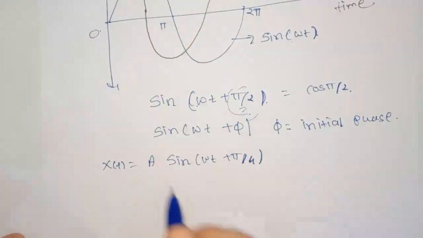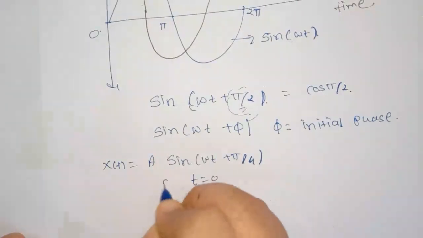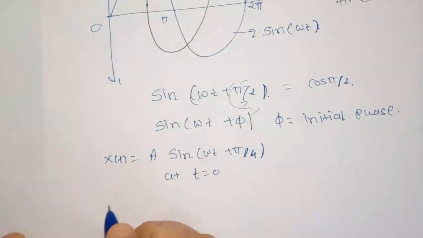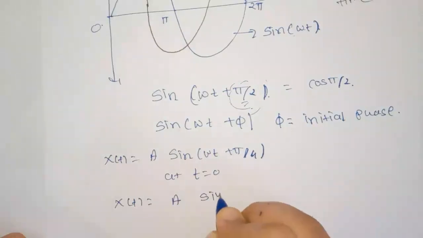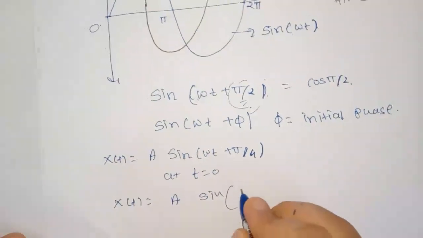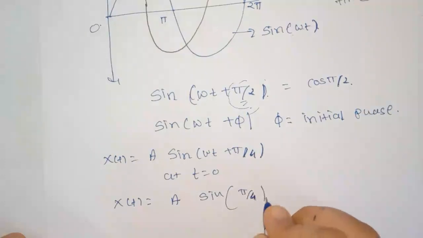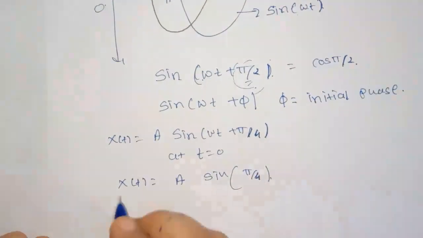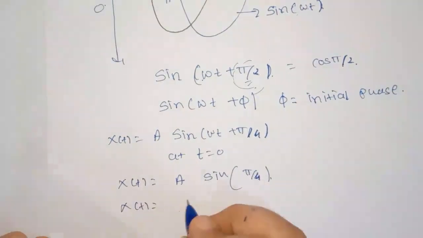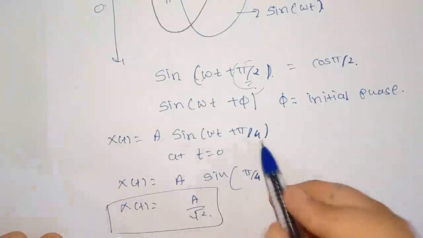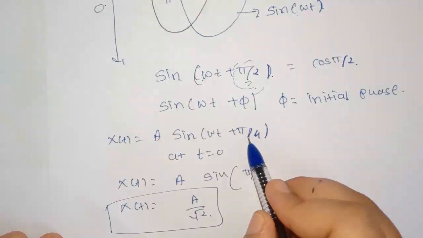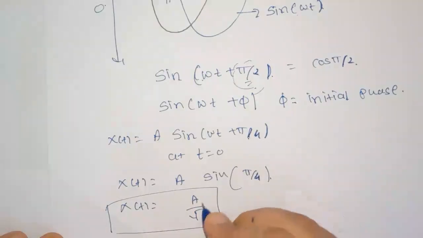The initial position, that means at t equal to 0, x of t will be equal to a sine of 0 plus pi by 4. Sine pi by 4 is 1 by root 2. So x of t will be equal to a by root 2. So if the initial phase is pi by 4, then the oscillation will start from point a by root 2.